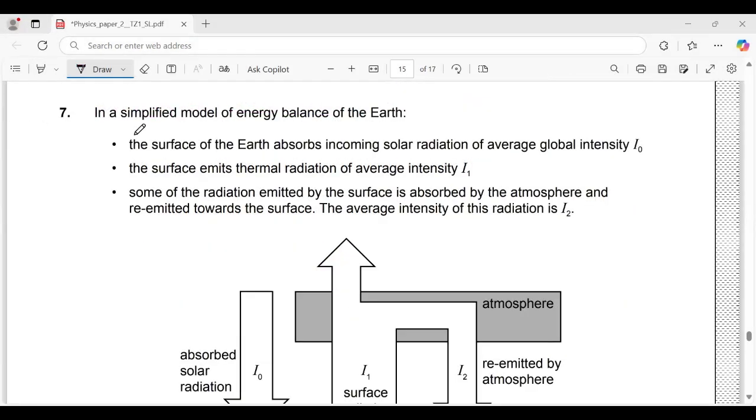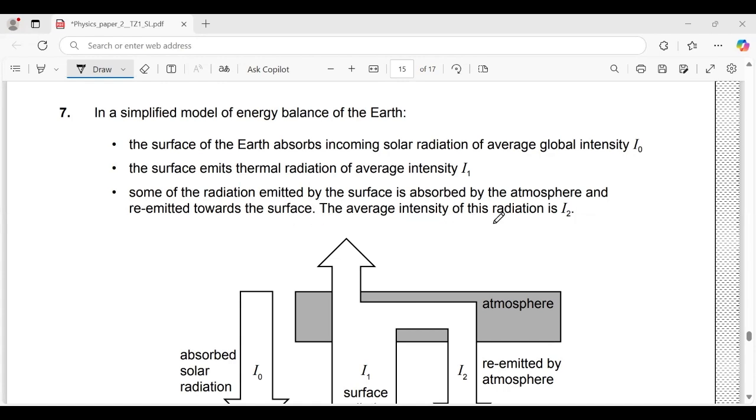Number 7. In a simplified model of the energy balance of the Earth, the surface of the Earth absorbs incoming solar radiation of average global intensity I0. The surface emits thermal radiation of average intensity I1. Some of the radiation emitted by the surface is absorbed by the atmosphere and re-emitted towards the surface.